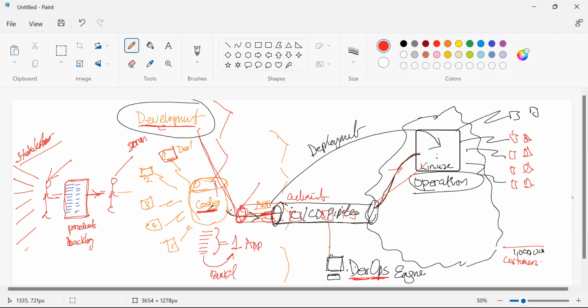Once the developer pushes the codes to your repository, they have completed the CI. So you as DevOps engineer, this is where your work starts. And then, like I said, you build and then you deploy to operations. So it is wrong to say that they are developers. They are not developers. They work closely with developers.